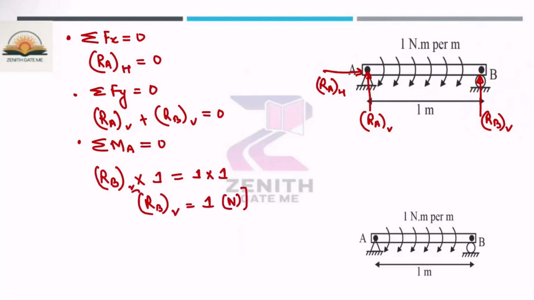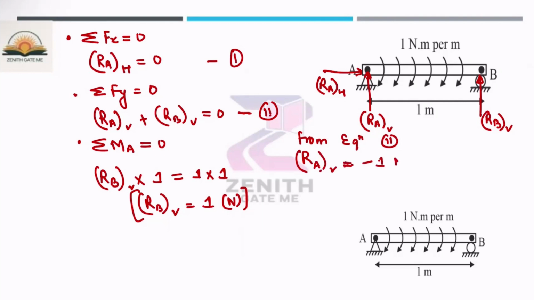Let us suppose this is the first equation and this is the second. From the second equation, RBV is 1, so RAV is minus 1 Newton.